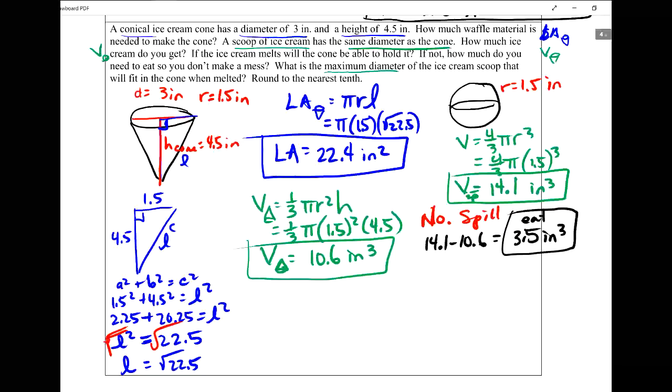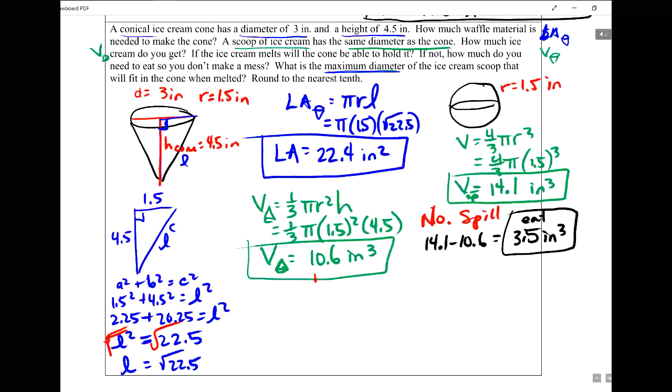Now the last problem says, well, if we want our ice cream cone to be able to hold all of our ice cream, what is the maximum diameter of our ice cream scoop? So how are we going to figure that? Well, we need to use the volume of our cone.